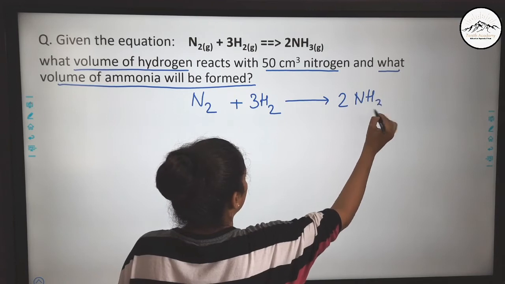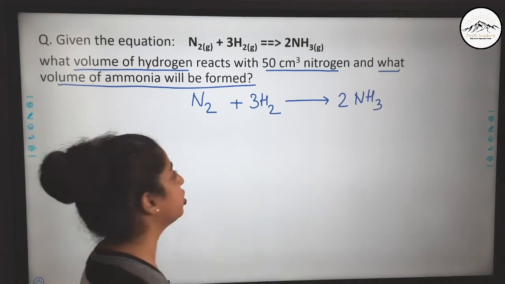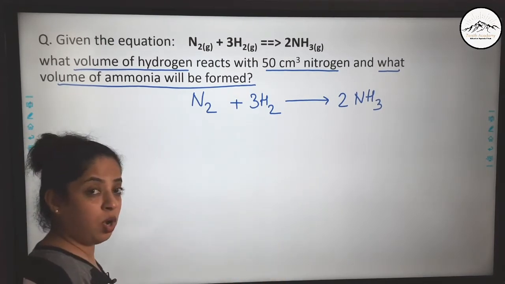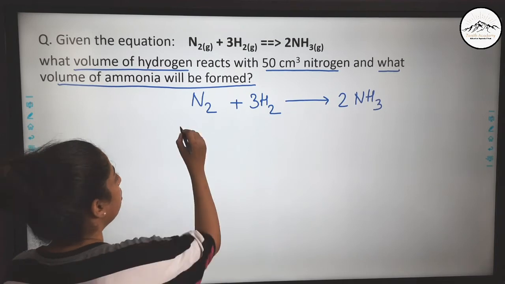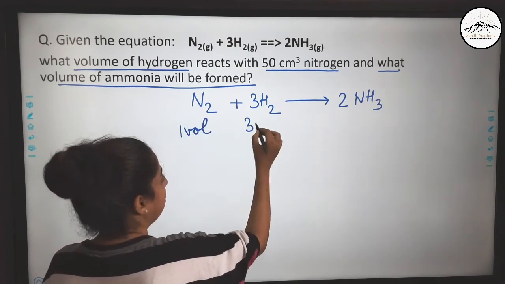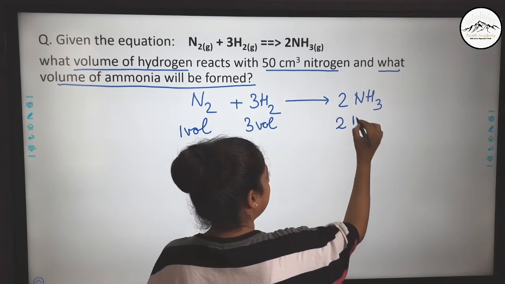Okay. So what is the ratio? The stoichiometric ratio or the molar ratio according to Avogadro is 1:3:2. So according to Gay-Lussac's law also, 1 volume of nitrogen combines with 3 volumes of hydrogen to form 2 volumes of ammonia.